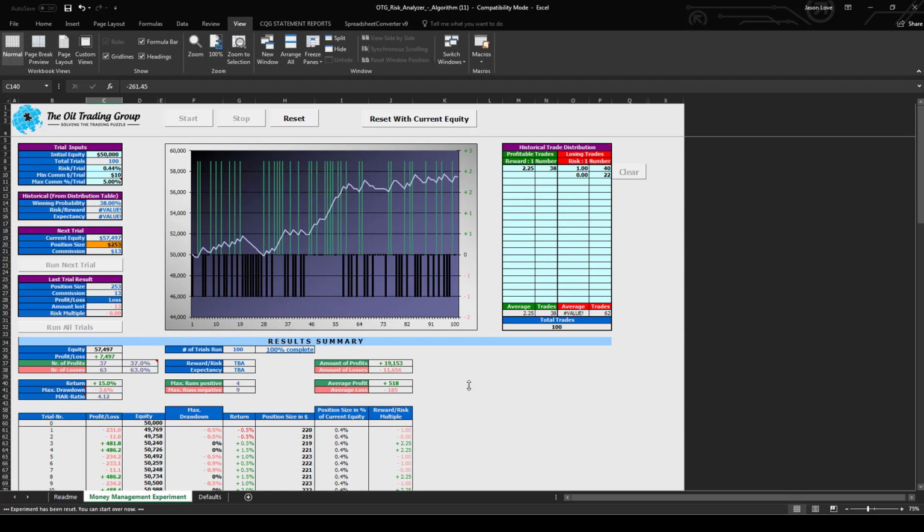And you're not risking a ton. You're risking 0.44% per trade on a $50,000 account, which is not a lot of risk. You can live a long time risking 0.44% of your account on every trade, 0.44%. Not 44%, 0.44%.